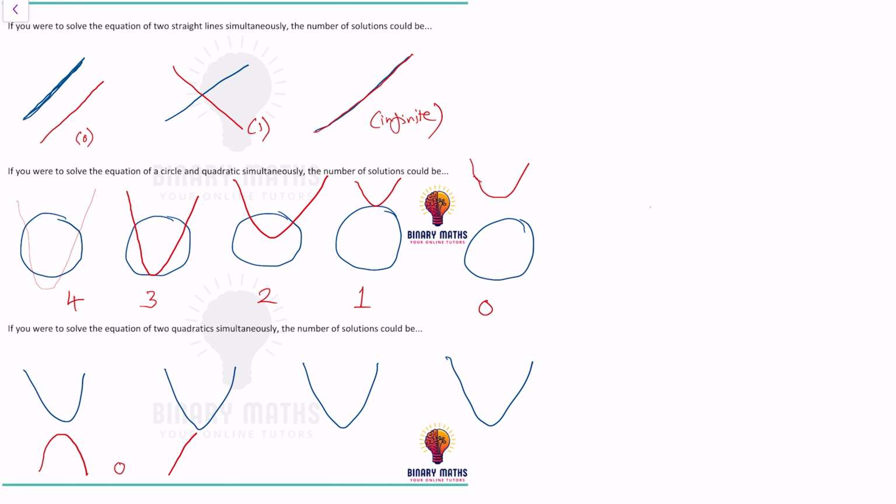You can have the case like this where it touches at one point only, so you have 1 solution. The next situation is where it crosses in 2 places. That will be 2 solutions. And there is a 4th scenario where it's exactly the same quadratic, so you have infinite solutions.